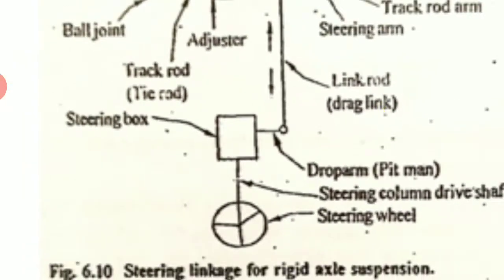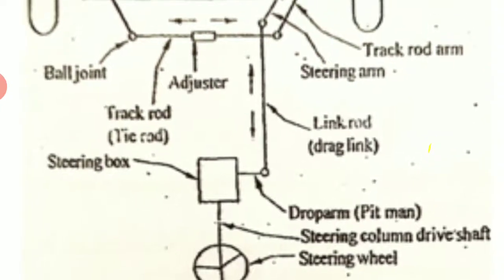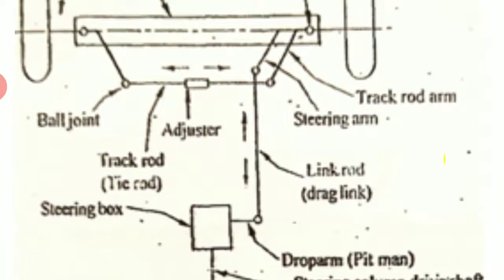Then you can see the pitman drop arm, which connects the link rod to your steering. Then you can see the link rod, the drag link, which connects to the track rod arm, and there is a steering arm.